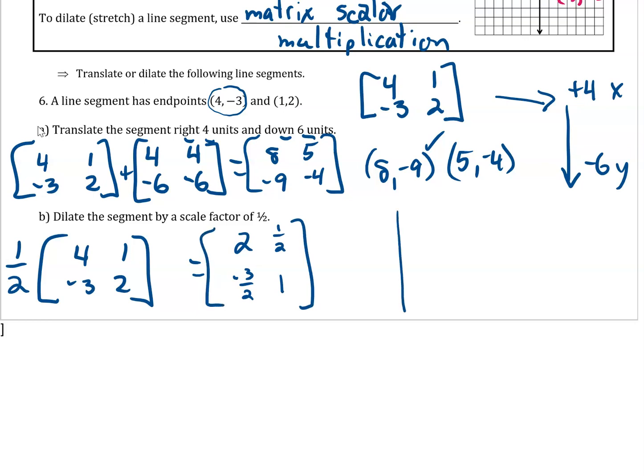If we think about this being plotted, 4, 1, negative 3, 2, and now it shrinks. So we took our original line segment and we dilated it. You may remember that from geometry, when we do these transformations, when we shrink or compress or expand, you get this projection out from the origin.